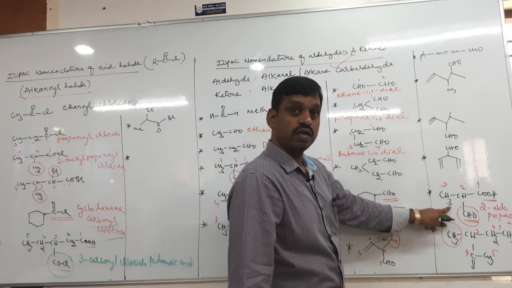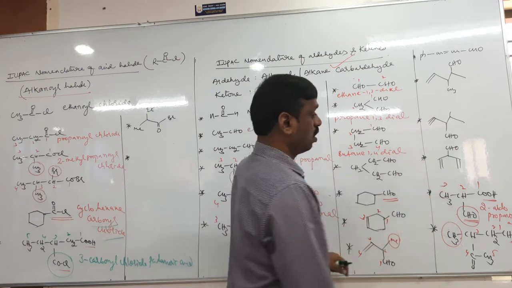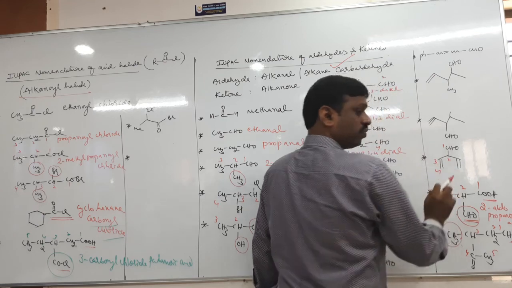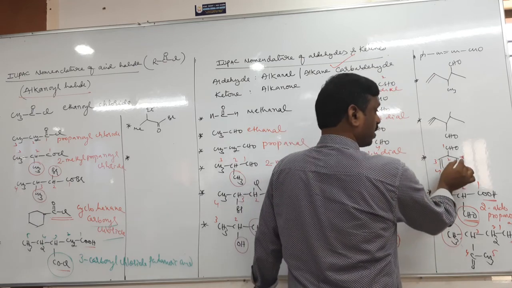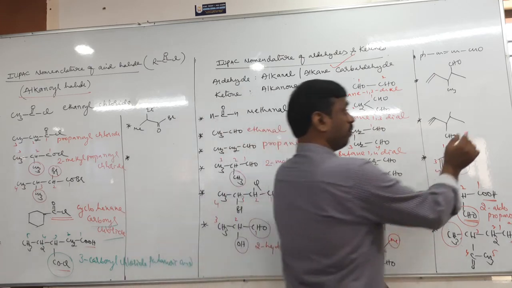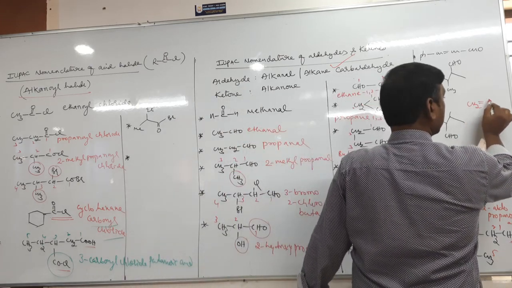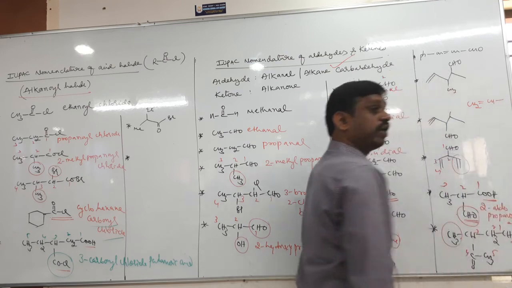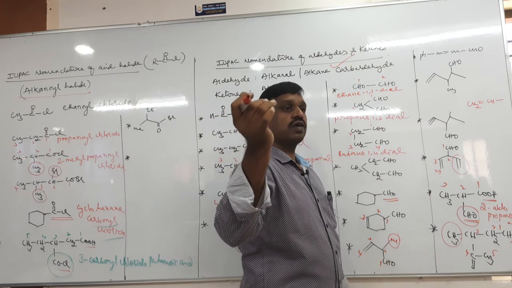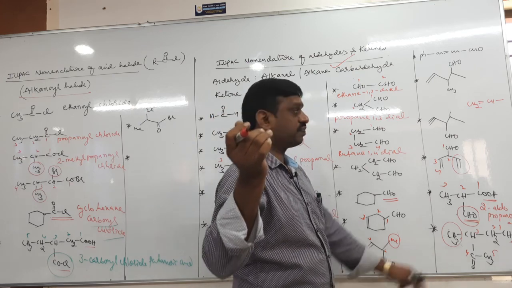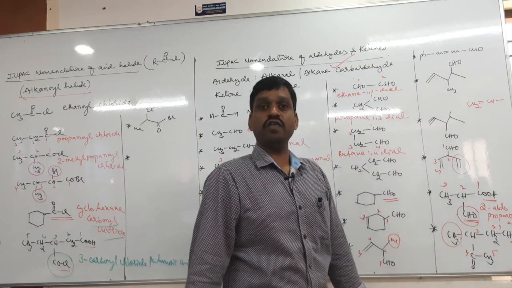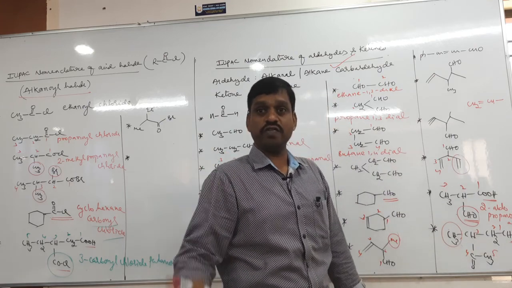Tell me this one. Take 1, 2, 3, 4. Then this group can be taken as a substituent. When there is a CH2 double bond CH group, what have we called it? Vinyl. Vinyl, allyl, benzyl, these groups are very, very important.